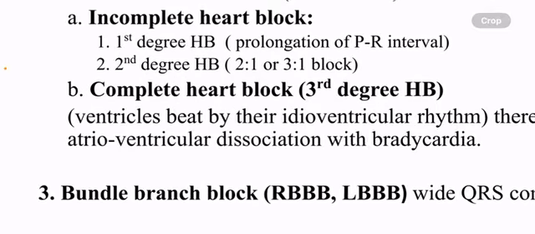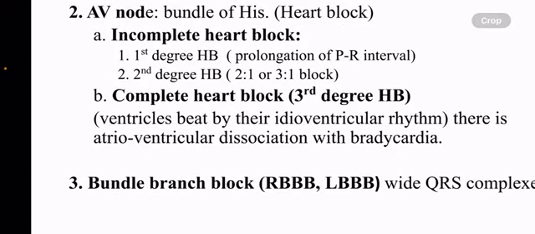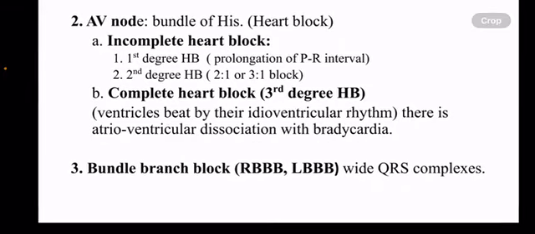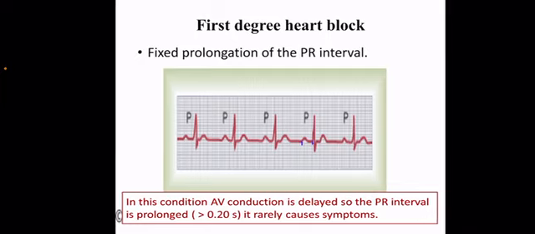The complete heart block, which is called third degree heart block, has a complete dissociation between atria and ventricle. Each one of them has its own rhythm, which is called idioventricular rhythm. In the bundle branch block, either the right bundle or the left bundle becomes blocked, and there will be a wide QRS complex. This is an important feature of them.